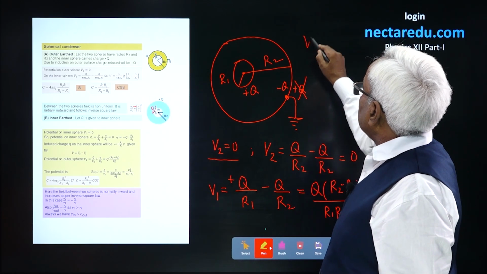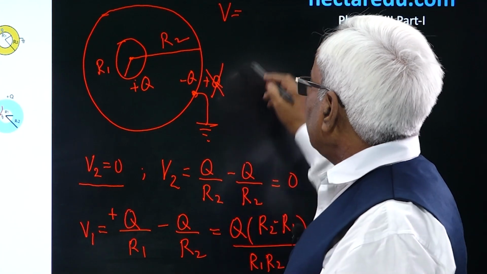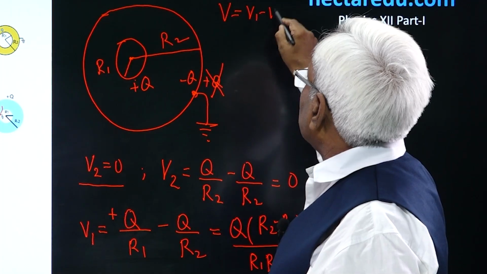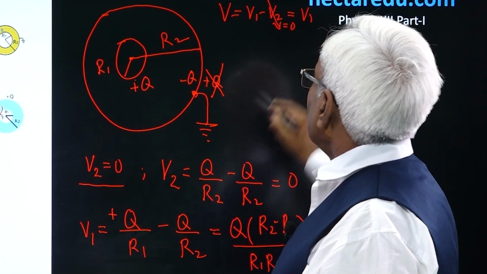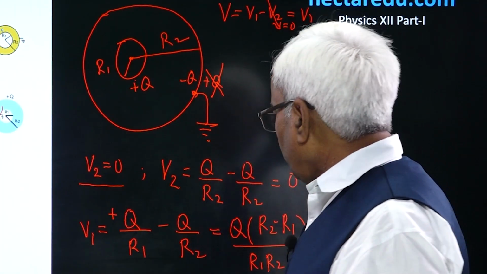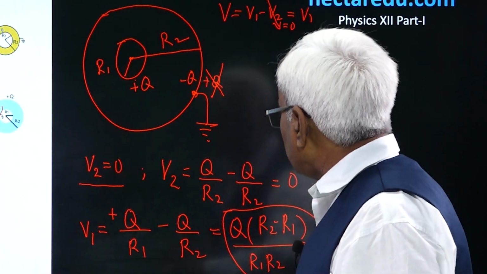The potential difference we are going to represent by the letter V itself. It's going to be V1 minus V2, and since V2 is equal to 0, it becomes V1 itself. So V1 we consider as the potential difference between the two.